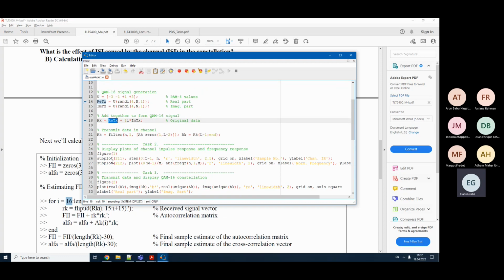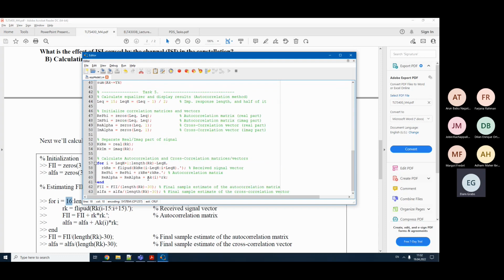So that is real tx multiplied with Rx real. So rather complicated, but let's now try and check step by step how this operates, right?